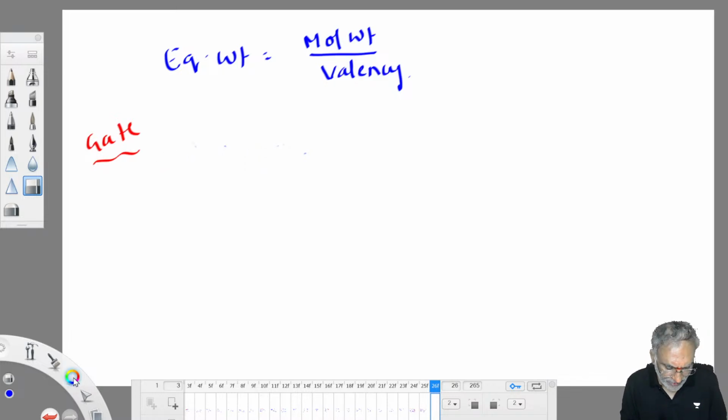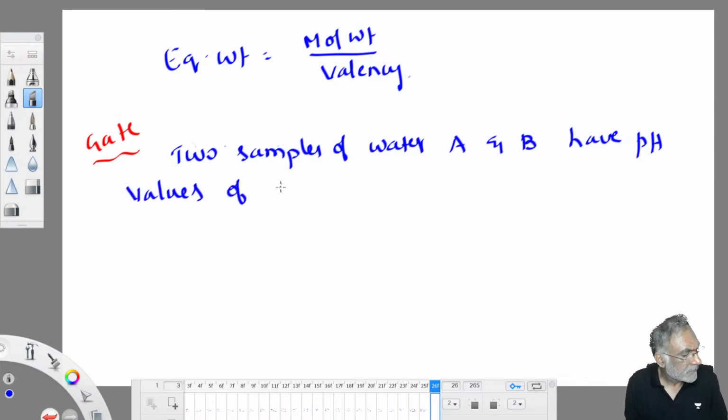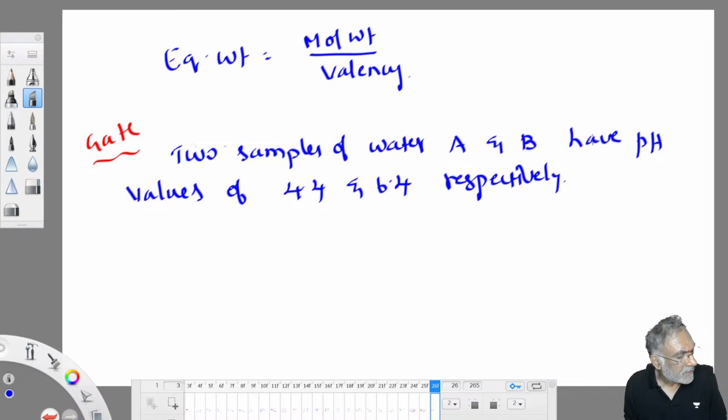Two samples of water, A and B, have pH values of 4.4 and 6.4 respectively. How many times more acidic is sample A than sample B?